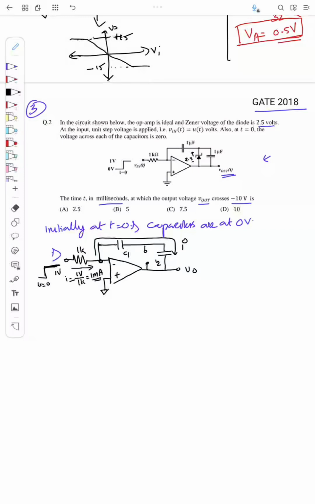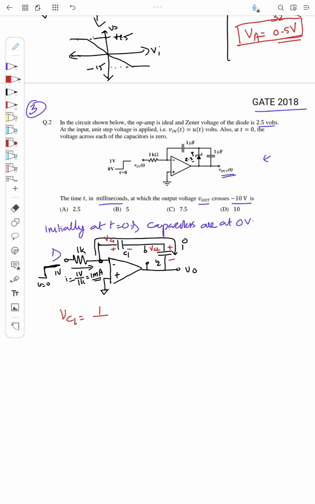Okay, so when this flows like this, there will be a voltage building up, or the capacitor will charge. So there will be voltage building up across the capacitor like this, plus minus plus minus. Okay, so the voltage across this capacitor C1 I will call VC1, and across C2 I will call VC2. Okay, so what will be the capacitor voltage VC1?